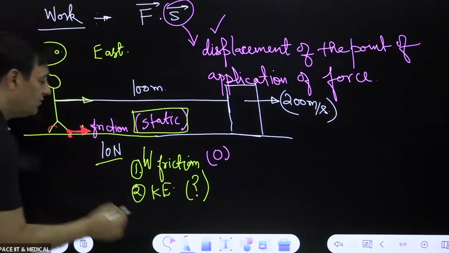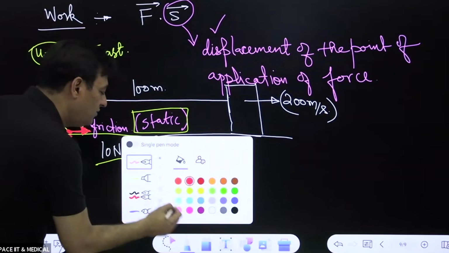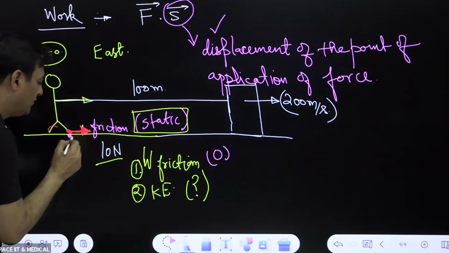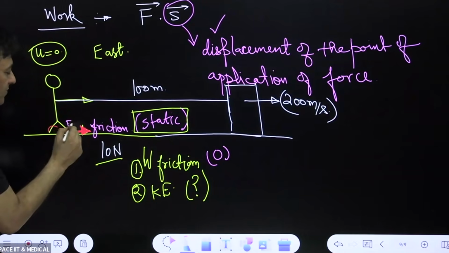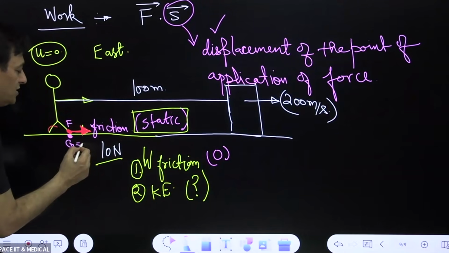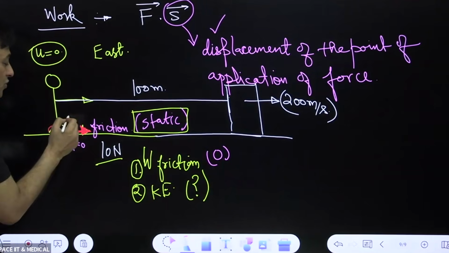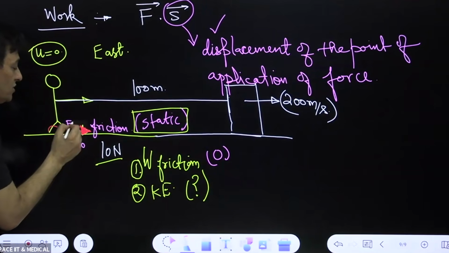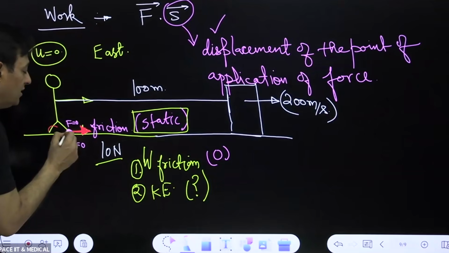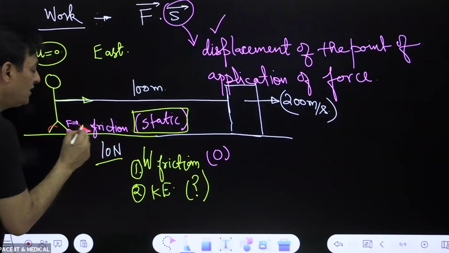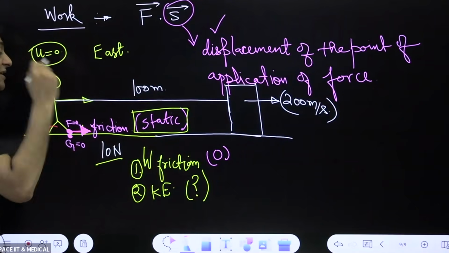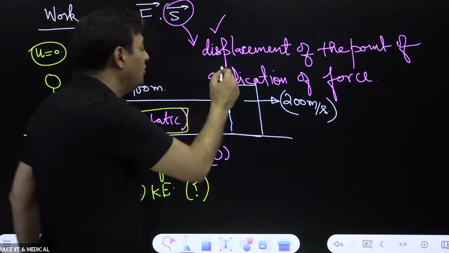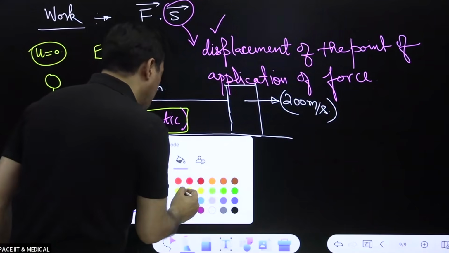No. What is the velocity of this point on the ground in touch with my foot? The velocity of the ground point is 0, so the foot's velocity is also 0. If there is no displacement happening for this force, there will be no work done by this force. Force dot displacement, and displacement has to be the displacement of the point of application of force.